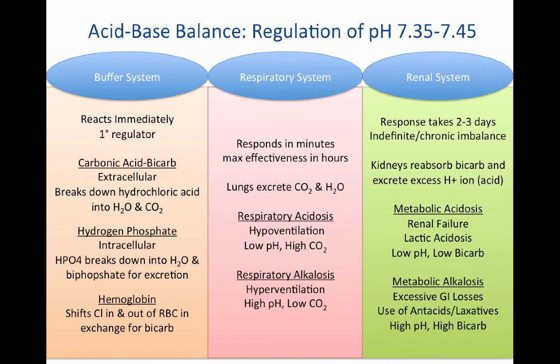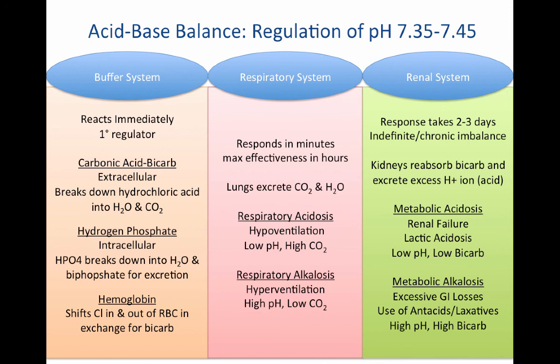So when I have respiratory acidosis, I have a low pH because remember I'm acidotic, and I have a high CO2 level, because that is considered acidosis, okay? Hypoventilation causes that high CO2.